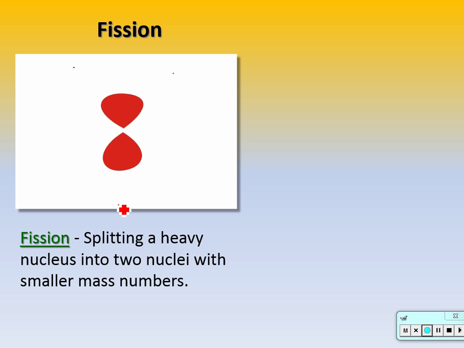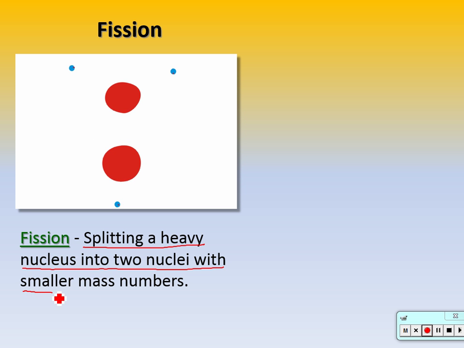So fission is the splitting of a heavy nucleus into two nuclei with smaller mass numbers. So you take a large one here in the middle, and you make two smaller nuclei. So two smaller atoms. Okay, but then notice you still have more neutrons coming off of that.